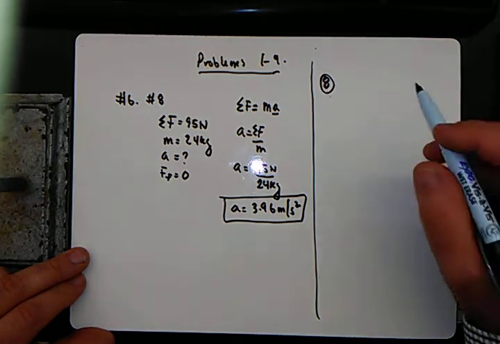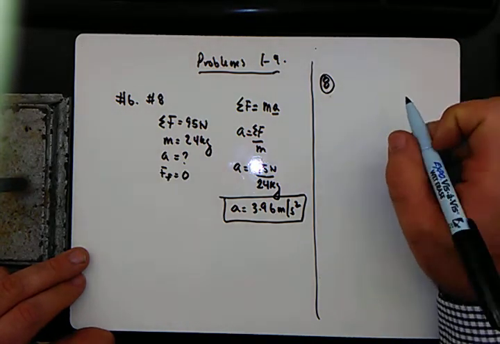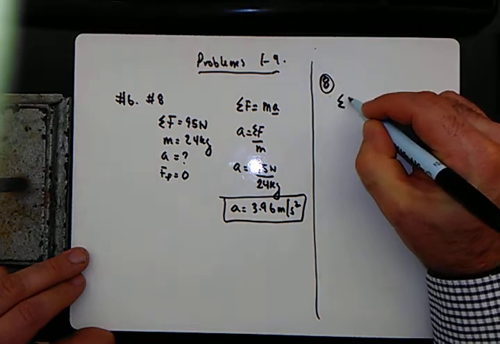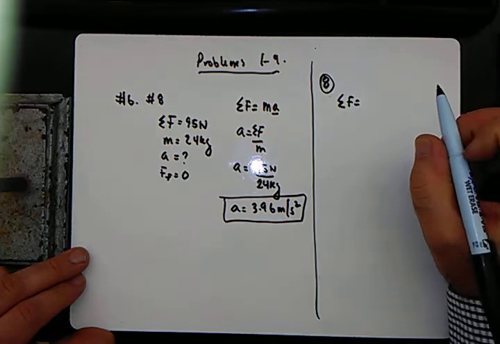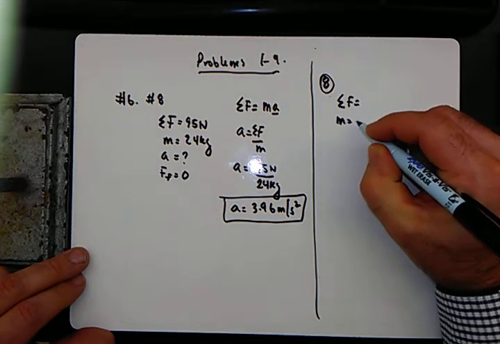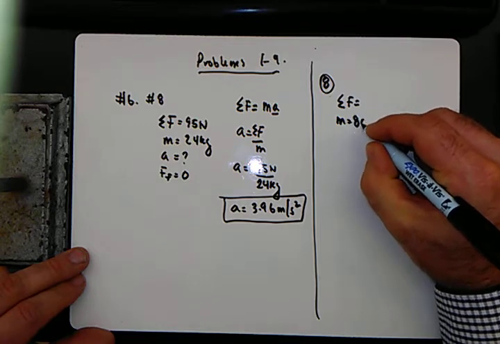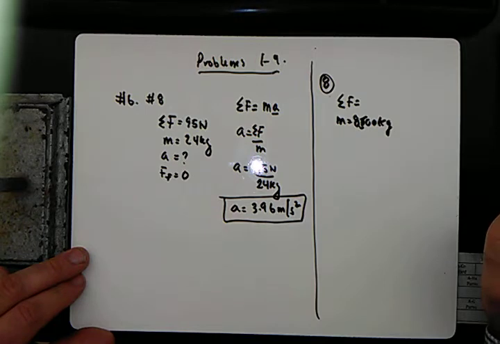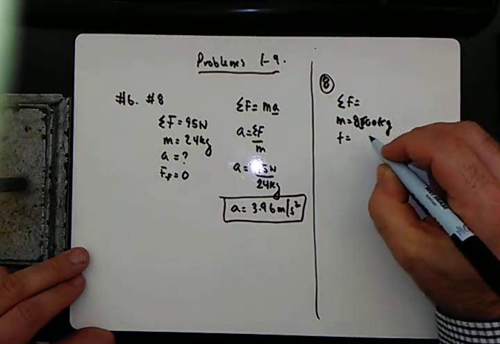Okay, so we got a little bit more information here. It says the average net force is what they're looking for of a truck. The mass of 8,500 kilograms. It says it does it in 10 seconds.